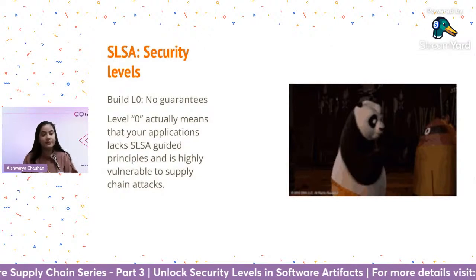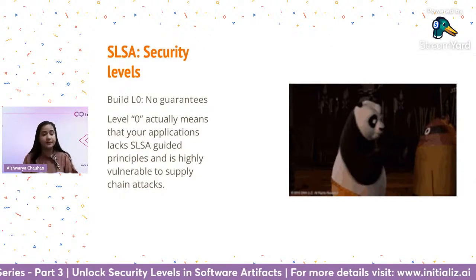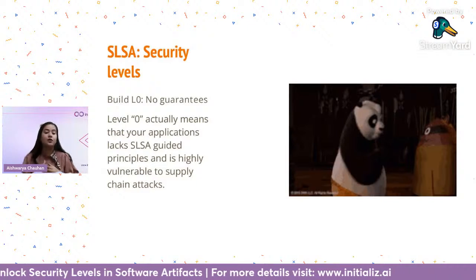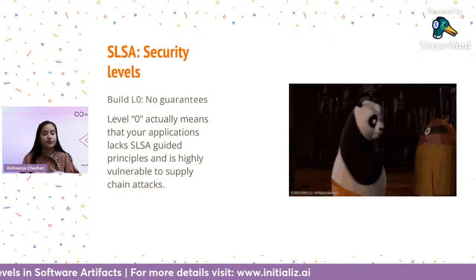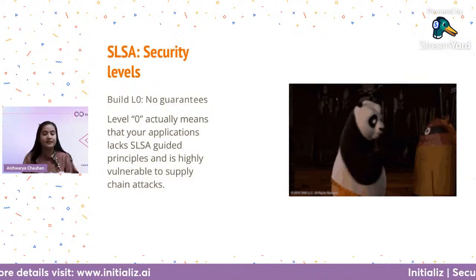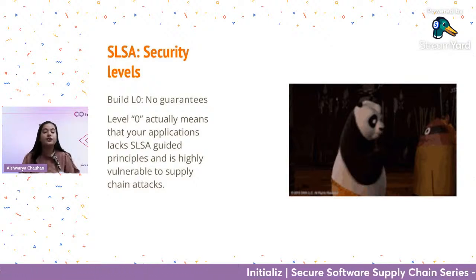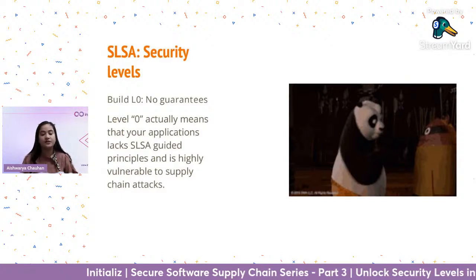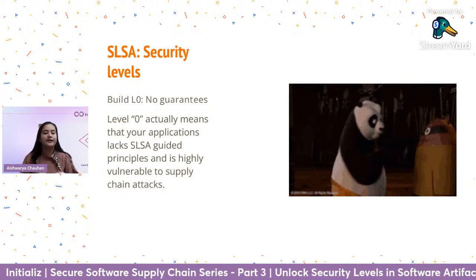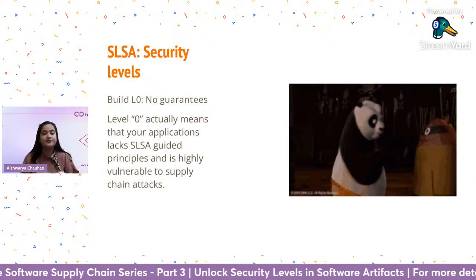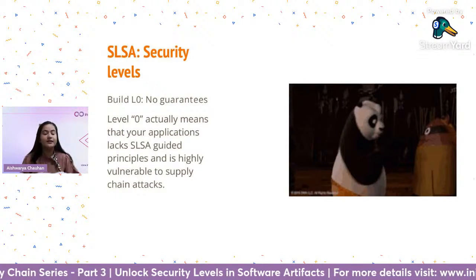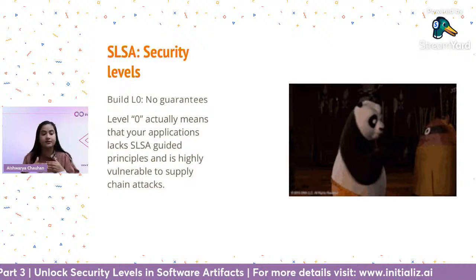Level 0 means there is no security implemented, and you are using bad code, just like we learned in the last image, how it is getting processed, and without security you are compromising the integrity of your code and the whole supply chain at different levels. That is the least of the levels. So it is better that you implement SLSA step by step.